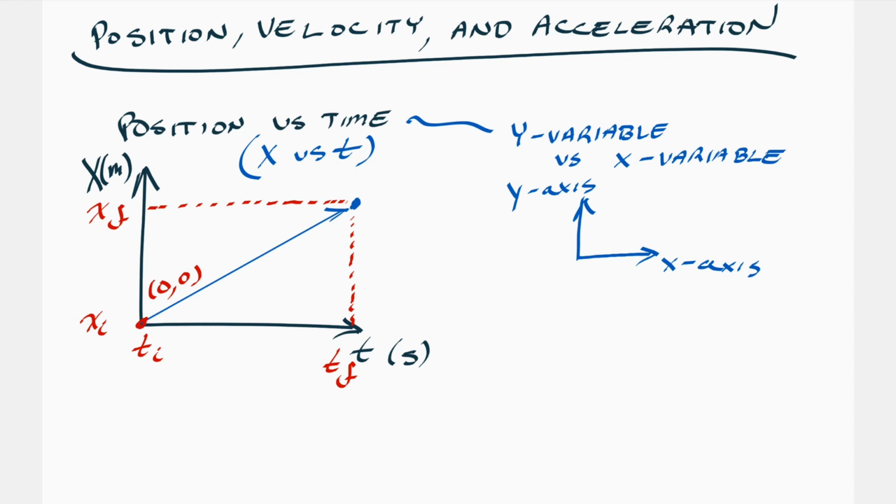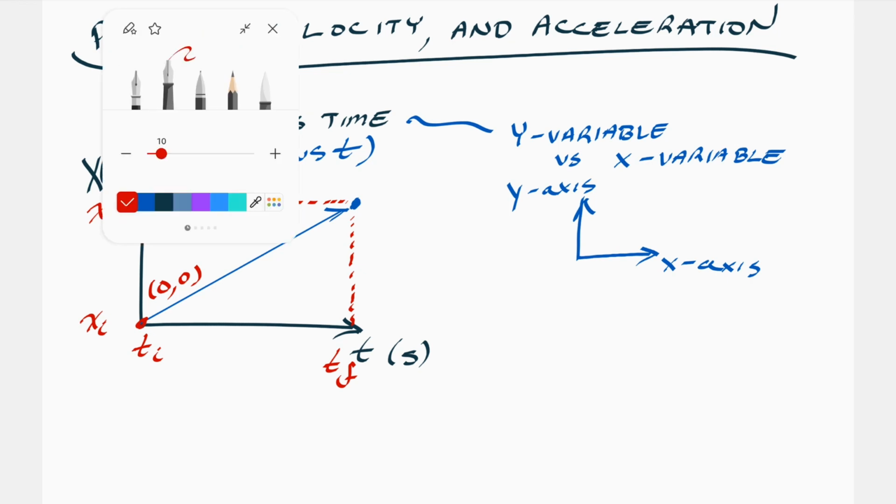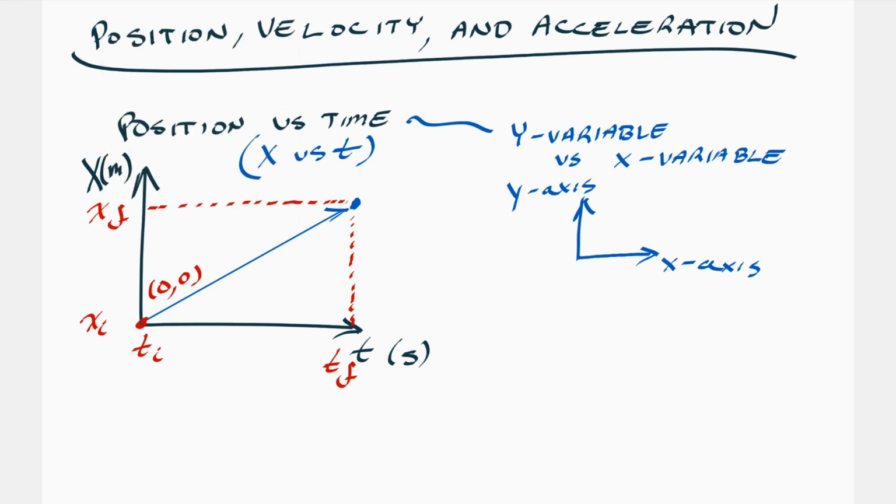Okay, so what can we get from this graph? Well, one of the most important things that we can get from this graph is actually just the slope of the graph. What is the slope? It's important to define what a slope is, just to make sure everyone's on the same page. So slope is equal to your rise over run, is how I like to say it.